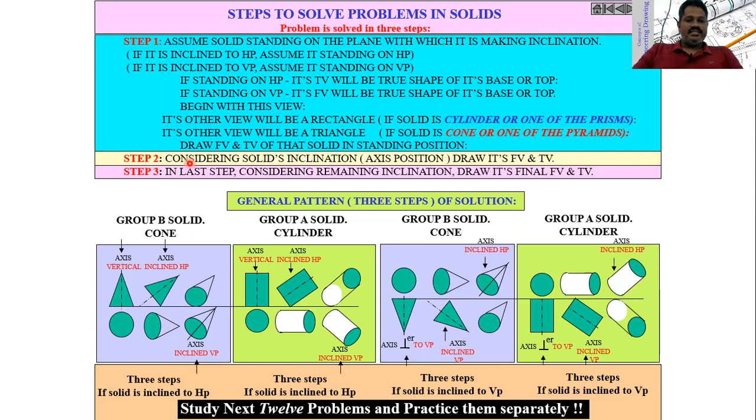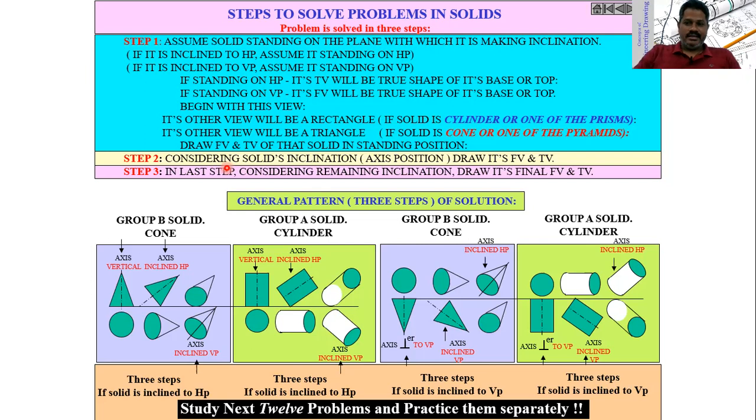Then the second step is that after drawing the true shape, we draw the front view by using the true shape. If it is a top view, then we have to project the front view from it to get the top view. If the front view is the true shape, get the top view from the projections of the front.